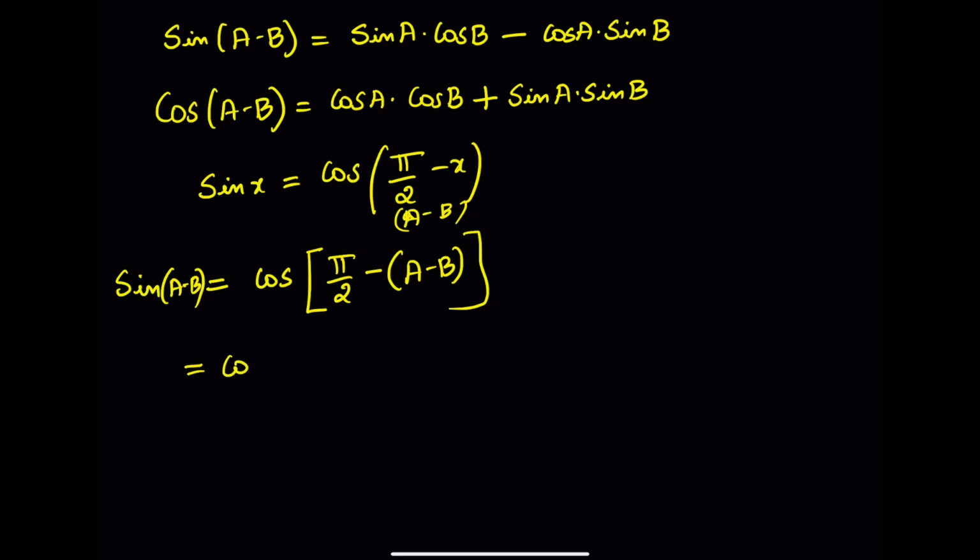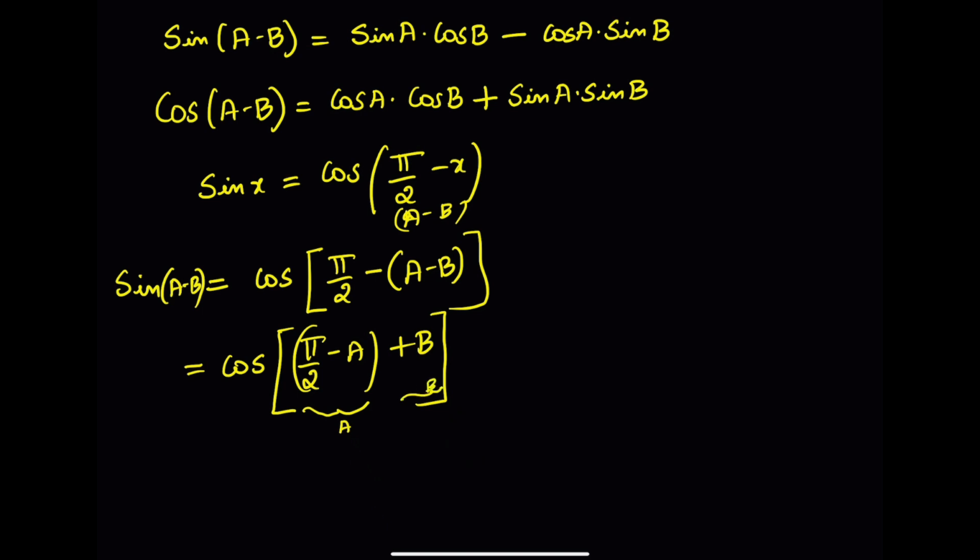So now let's apply the values. So this will change to cos of pi by 2 minus a plus b. Correct? Now we consider this part to be a and this part to be b.